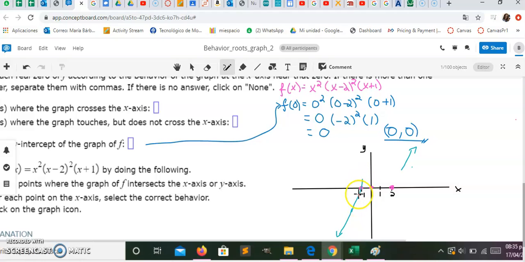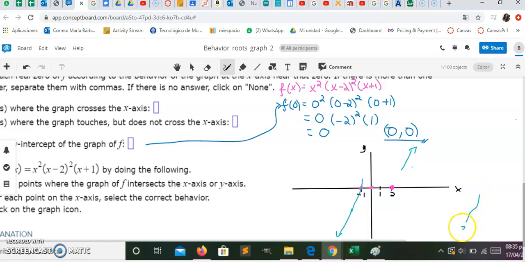When the multiplicity is an odd number, it could be 1, 3, 5, 7, and so on, it crosses, but it depends. For example, if the multiplicity is 1, it just crosses. But if the multiplicity is 3, it is going to flatten a little bit like this, but it crosses anyway.